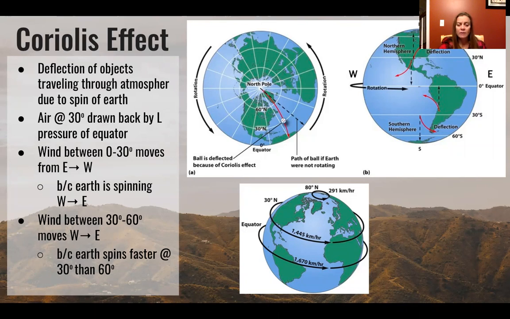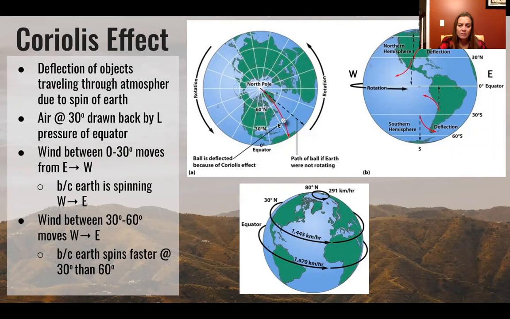The wind between 0 and 30 degrees is moving from east to west because the Earth is spinning from west to east. And so that means that as the air is falling at 30 degrees and returning towards the equator, our winds are going to be from the east to the west. And so we're going to have that twist to our Hadley cell.